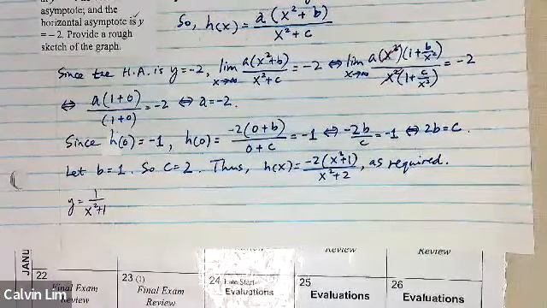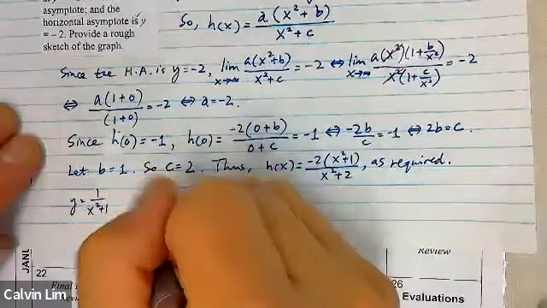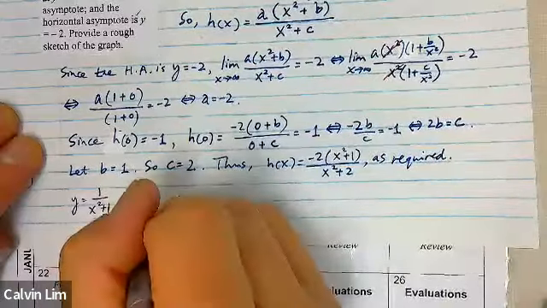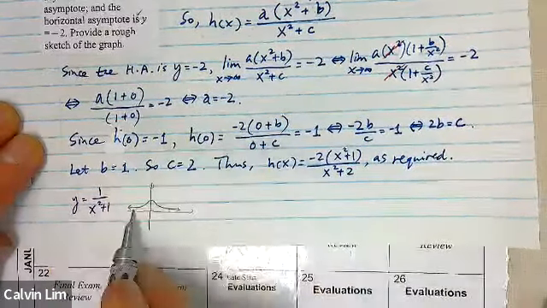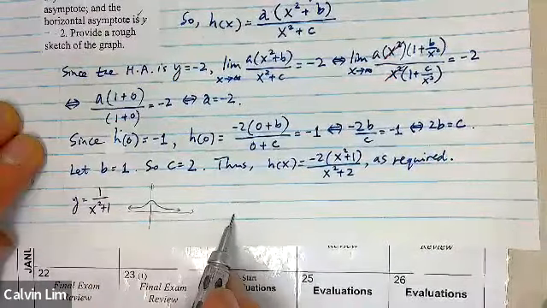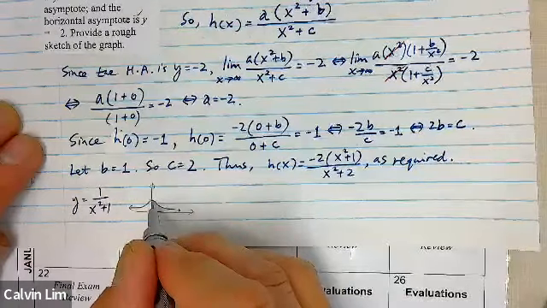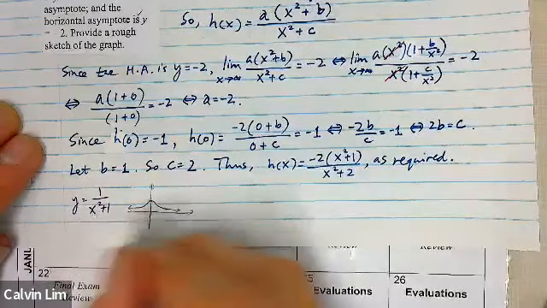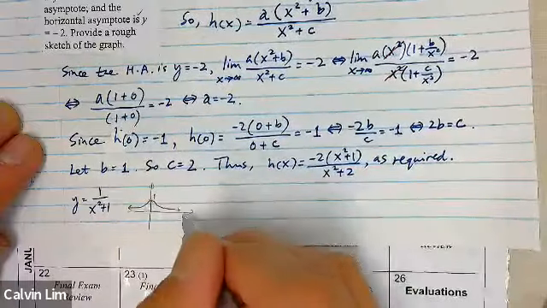It's like a little hill, like a little speed bump. It looks like this. It has a horizontal asymptote of y equals 0. What is the y-intercept? When x is 0, y is 1. Okay, so I can transform this.